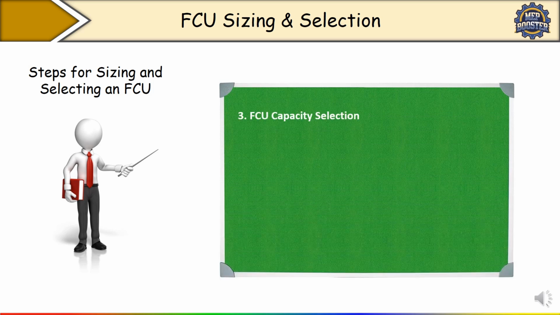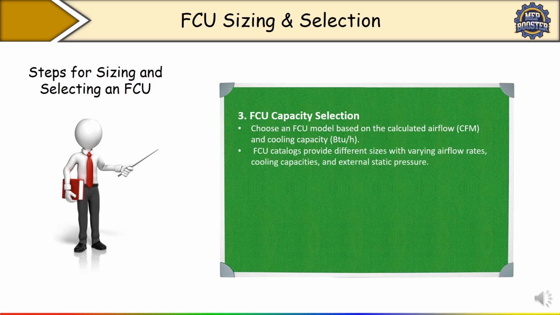Now the next step, FCU capacity selection. Simple. Once you have determined the heating and cooling load value and calculated the airflow CFM, you have to choose an FCU model based on the calculated airflow and cooling capacity. Clear?